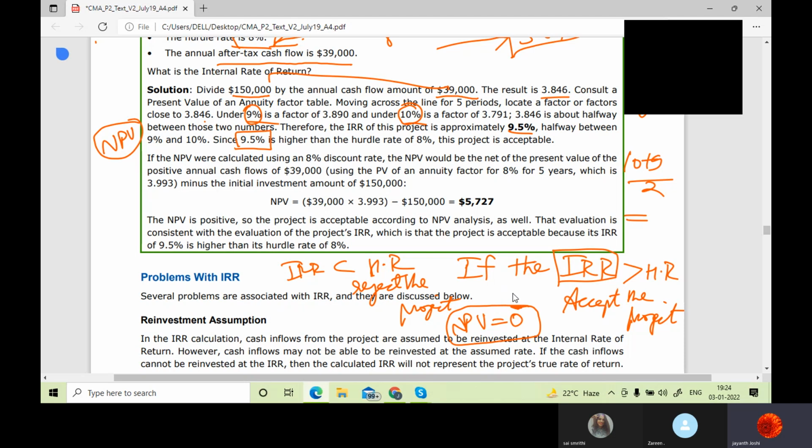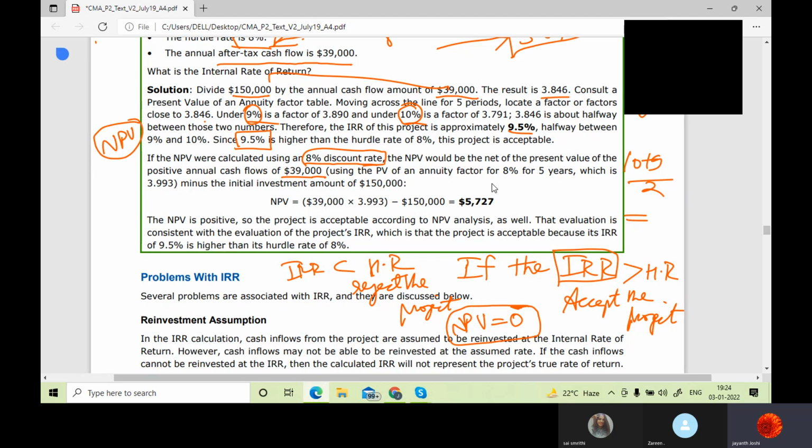So if this IRR is more than the hurdle rate, that's what they're saying. The IRR of the project is approximately halfway between these. Since this is higher than the hurdle rate, this project is acceptable. Now let's see, if the NPV were calculated using an 8% discount rate, the NPV would be that of the positive annual cash flows of 39,000.